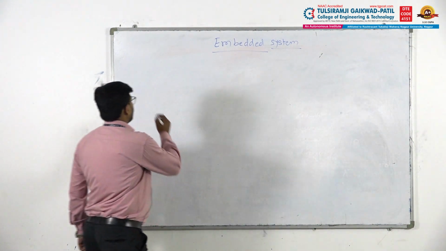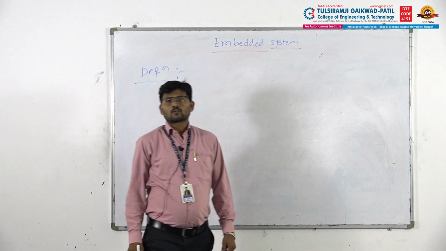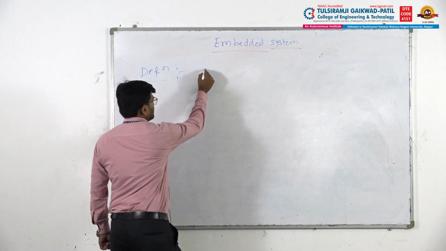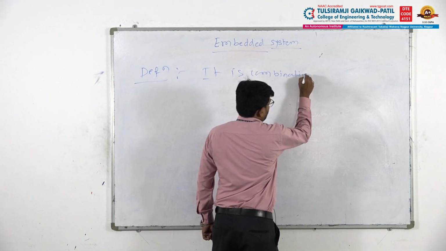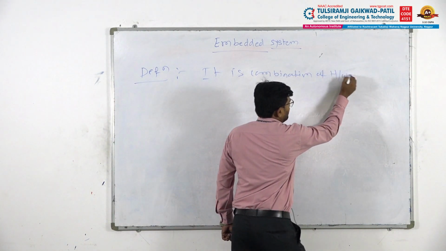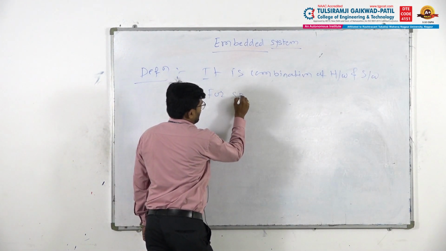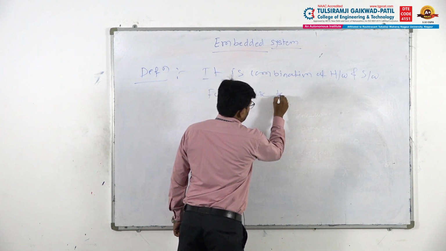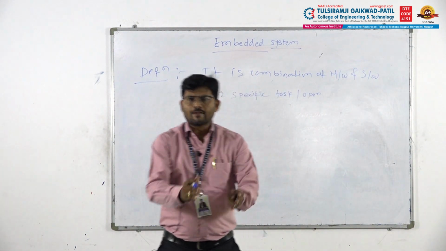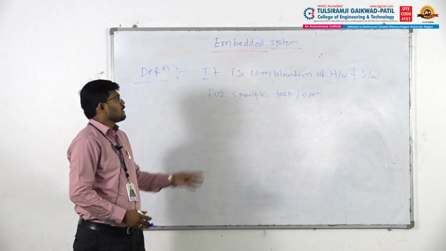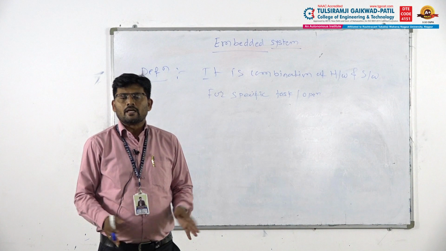Basically, the definition or fundamental concept of an embedded system is nothing but a combination of hardware and software for a specific task or specific operation. It means it is a combination of hardware and software required to perform a specific task or operation, because without embedded systems nothing would be possible in electronic media.